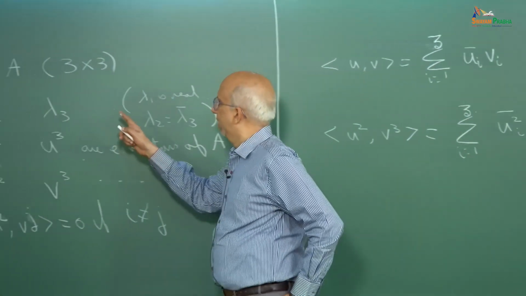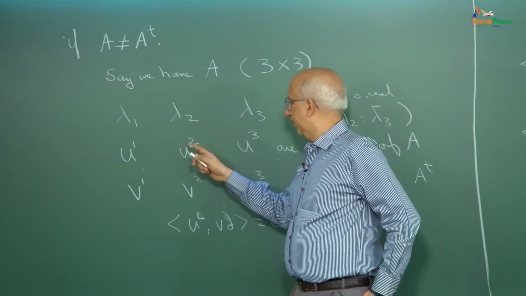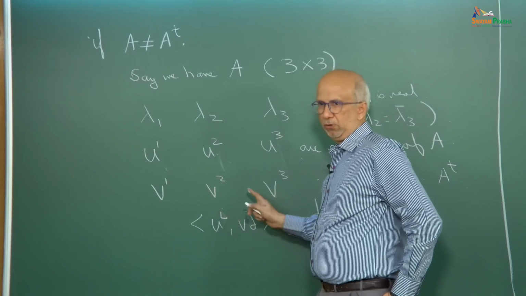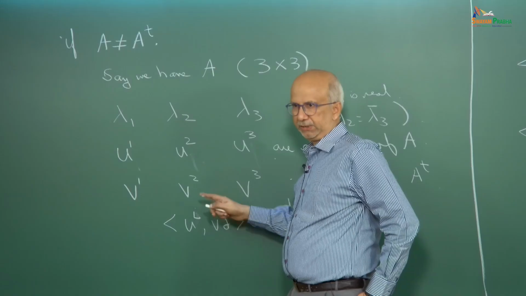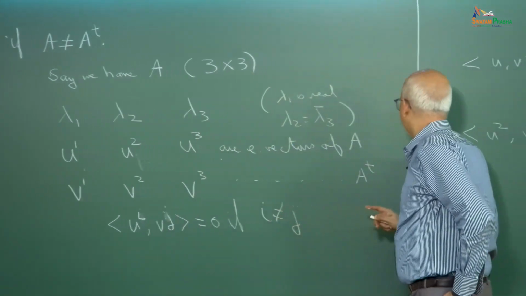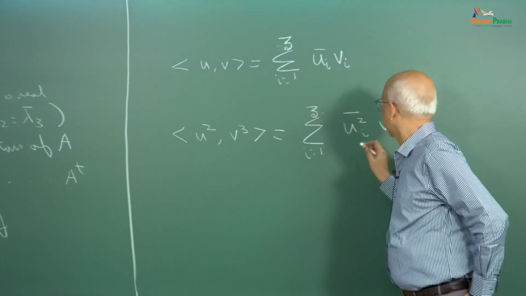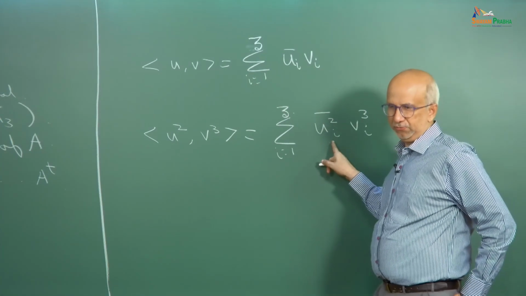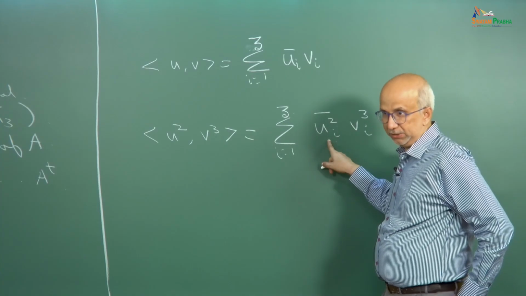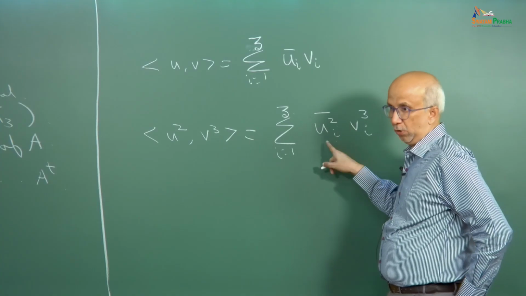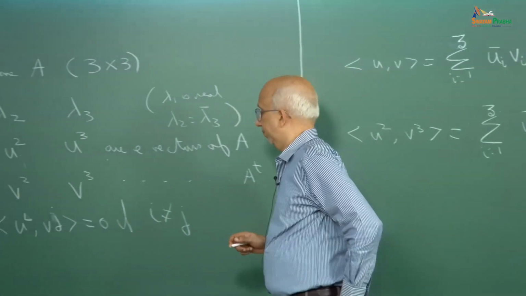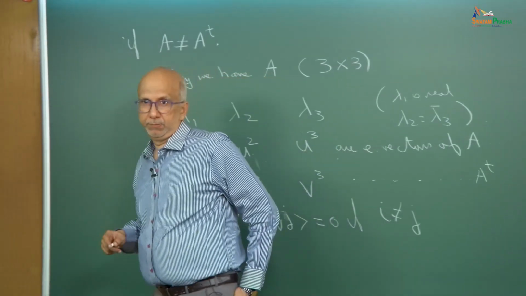So, we have these 3 eigenvalues and these 3 eigenvectors, each of which is orthogonal to the eigenvector corresponding to the other eigenvalue, but the inner product has to be defined like this, because the first one is real, no problem, the second one will have complex elements. So, you need to take the complex conjugate and then do the inner product. Okay. That's clear?